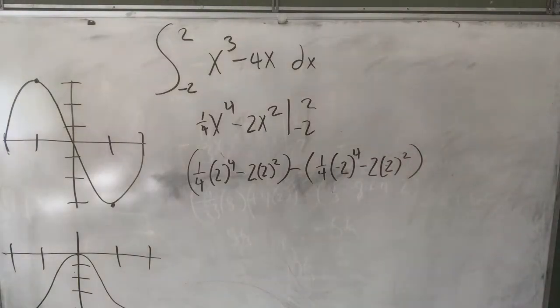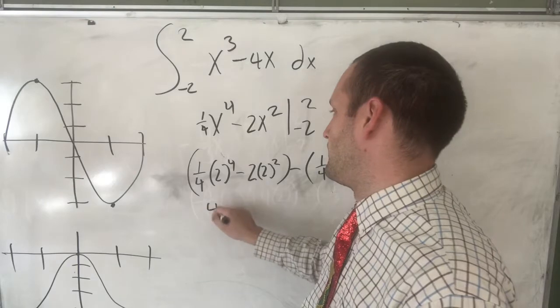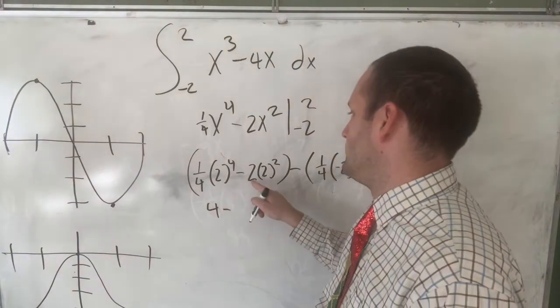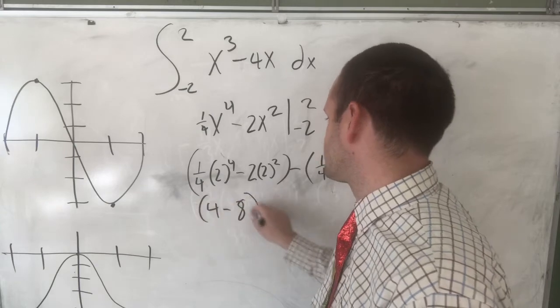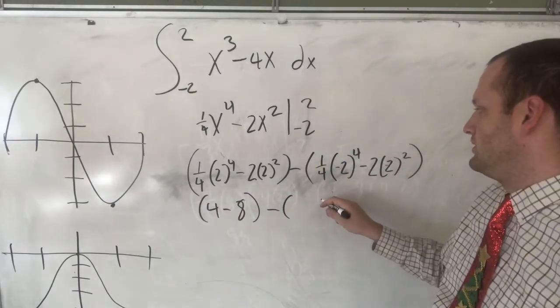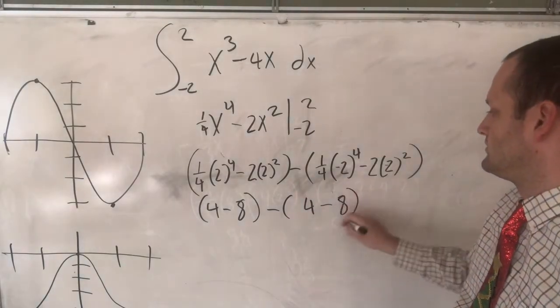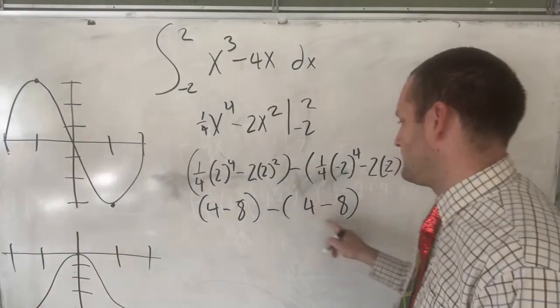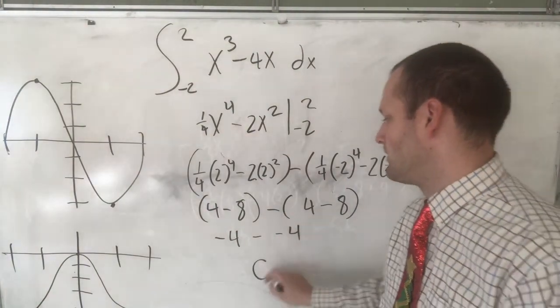Let's see, 2 to the 4th, 2 times 2 is 4, 8, 16. So 16 divided by 4 is 4, minus 2 times 4 is 8, that's going to be -4. Minus -4, ooh, what's -4 minus -4? 0.